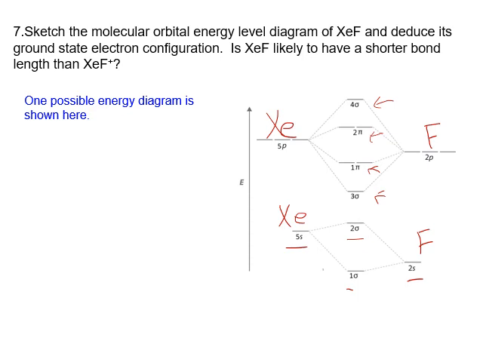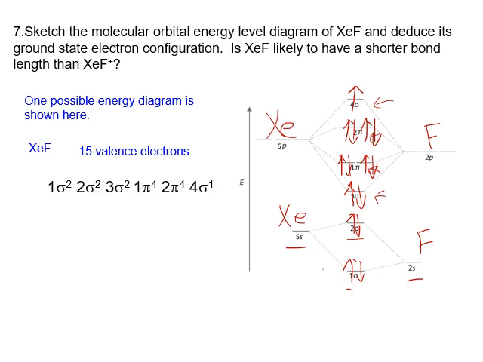Xenon has 8, fluorine has 7, so total 15 electrons. All right, so the electronic configuration is 1 sigma 2, 2 sigma 2, 3 sigma 2, 1 pi 4, 2 pi 4, 4 sigma 1. All right, now notice that these are the bonding, these are the anti-bonding.